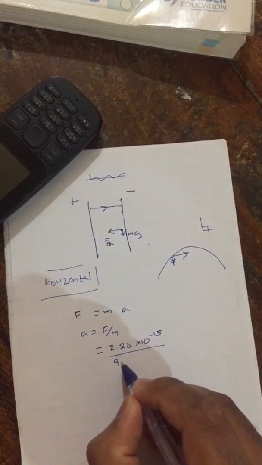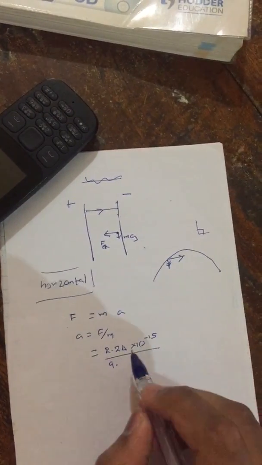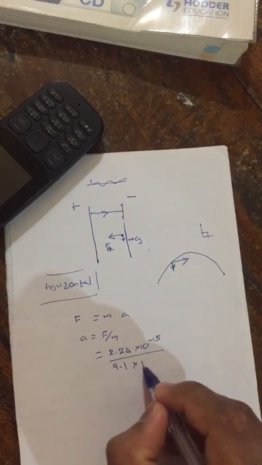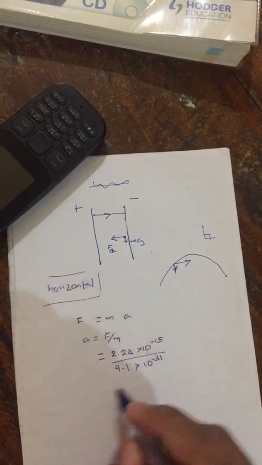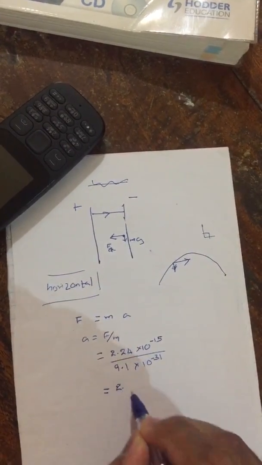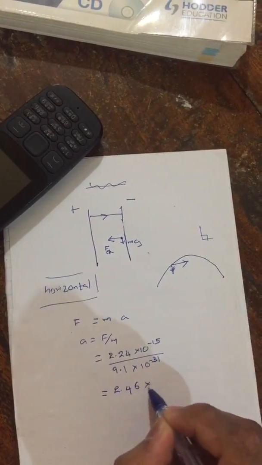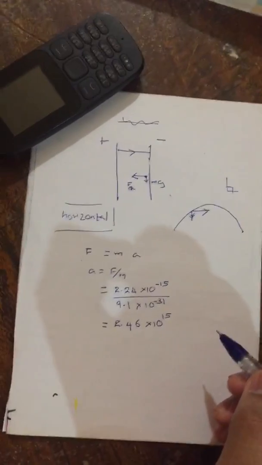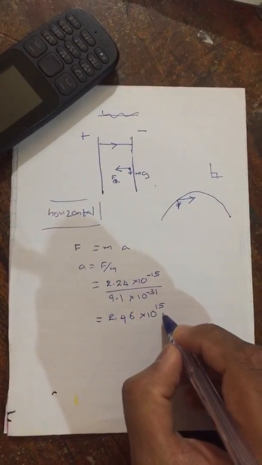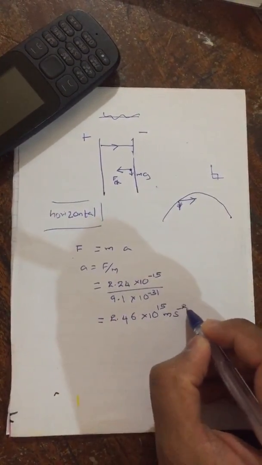You have to look at the data. 9.1 times 10 to the power minus 31, and this gives you an acceleration value of 2.46 times 10 to the power 15 meters second minus 2.